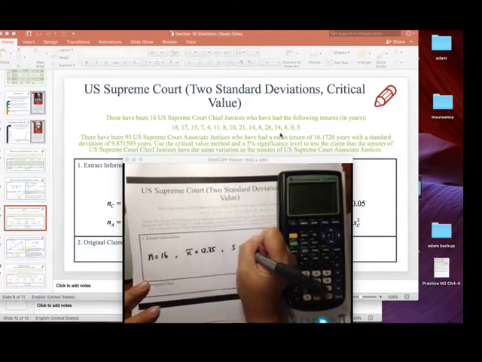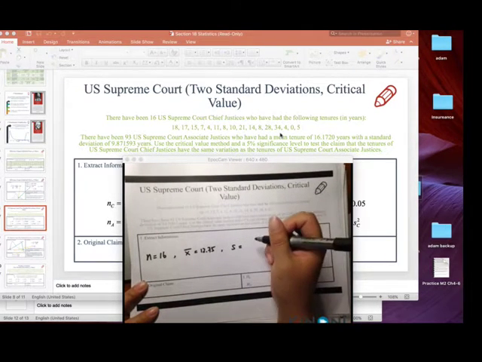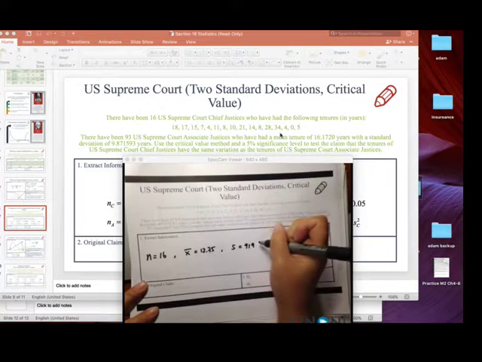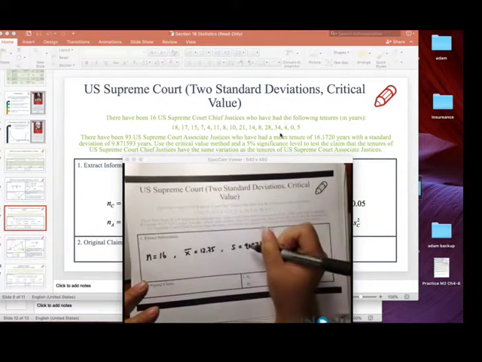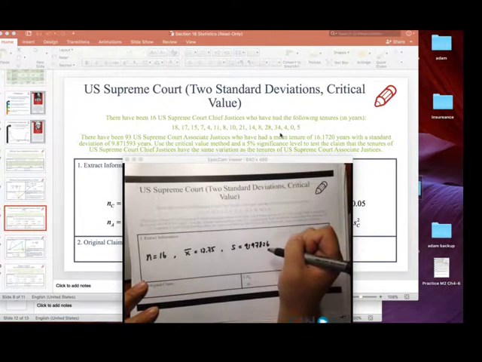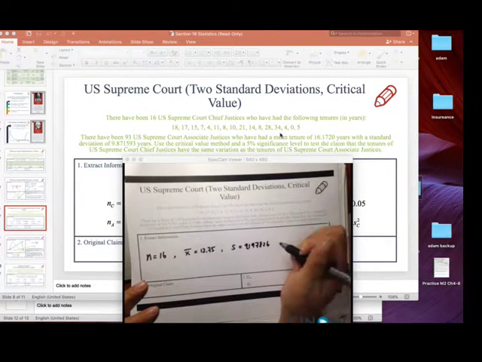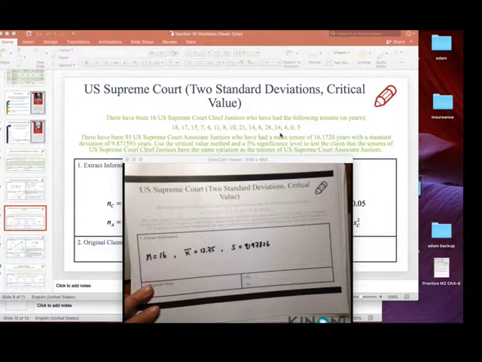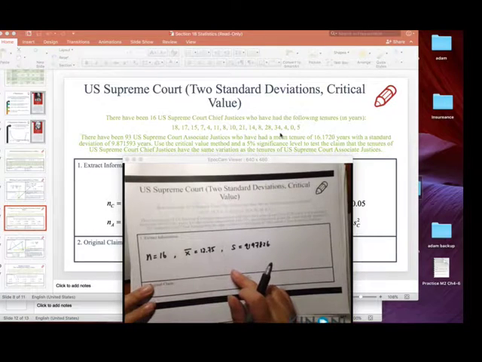And then the S, the sample standard deviation, will be 9.197826. Okay, try to get more decimals, like 4 to 5 decimal places. And this is talking about the Supreme Court chief here.